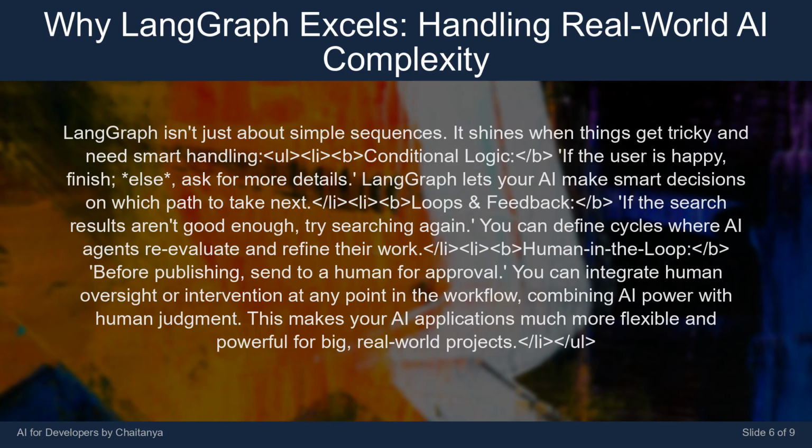You can integrate human oversight or intervention at any point in the workflow, combining AI power with human judgment. This makes your AI applications much more flexible and powerful for big, real-world projects.